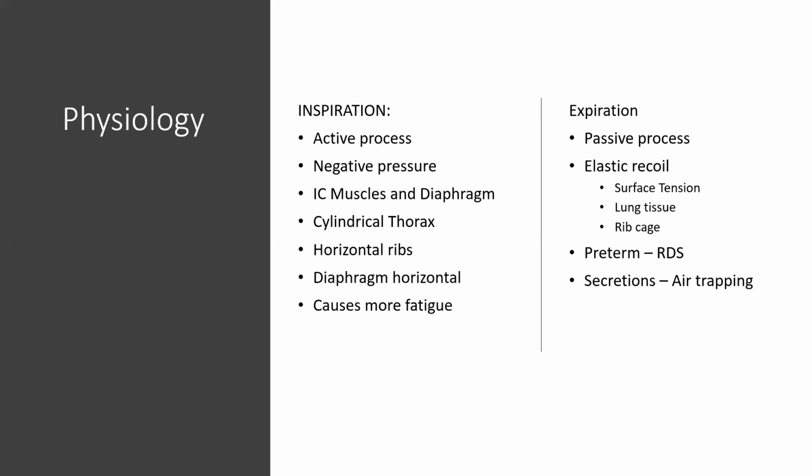So by just changes in the intercostal muscles and diaphragm, not much negative pressure is generated in neonates compared to the pediatric and adult age groups. Also, the intercostal muscles and diaphragm are not very strong or stiff enough to provide sufficient negative pressure for inspiration.